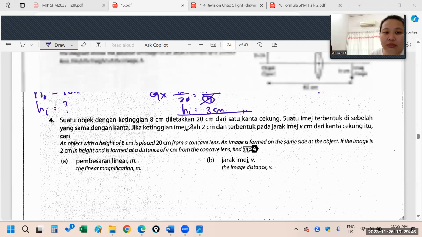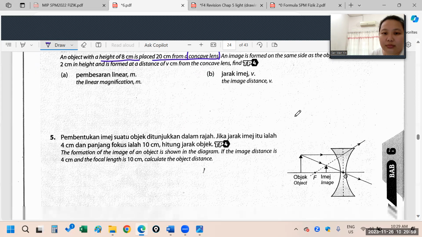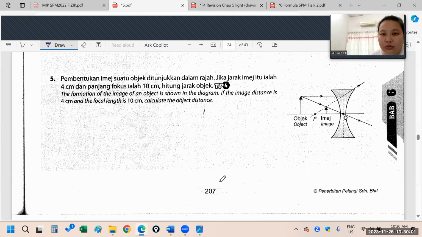Okay, so now the object of height 8 cm is placed 20 cm from a concave lens. So this one you all do it now.